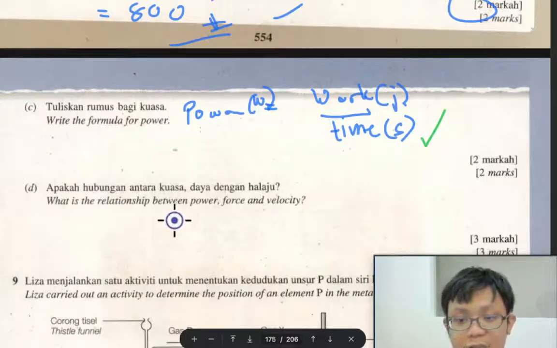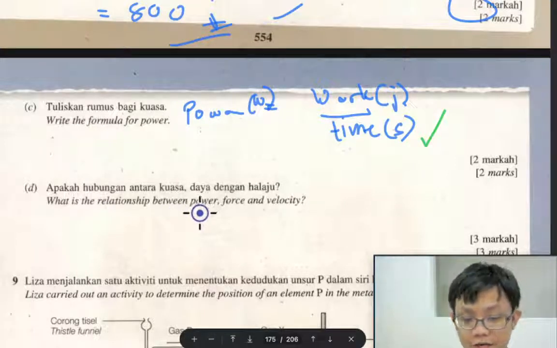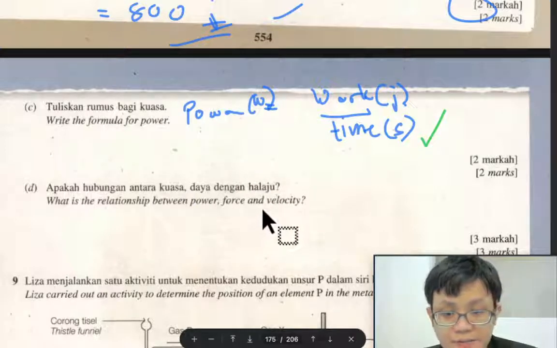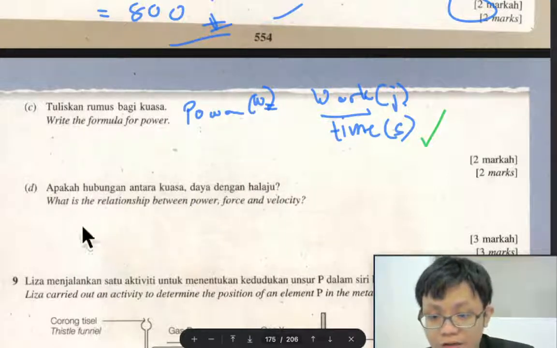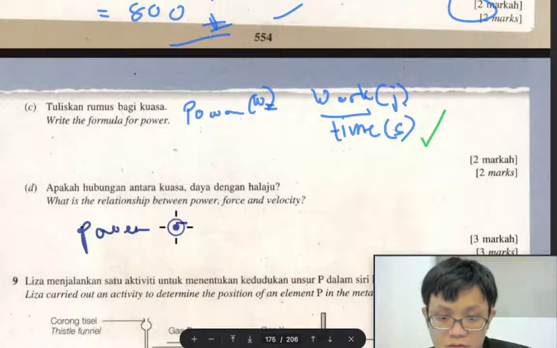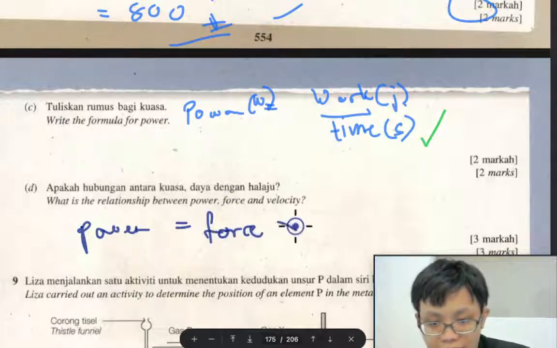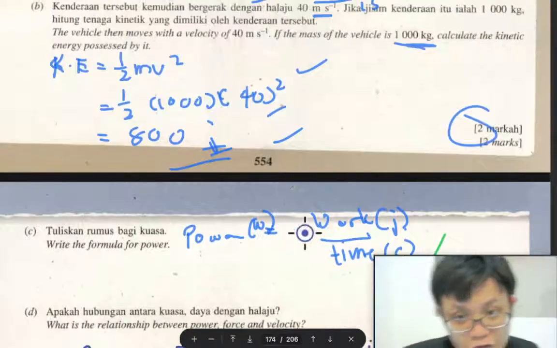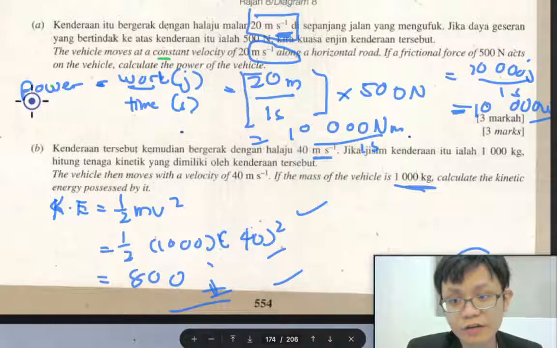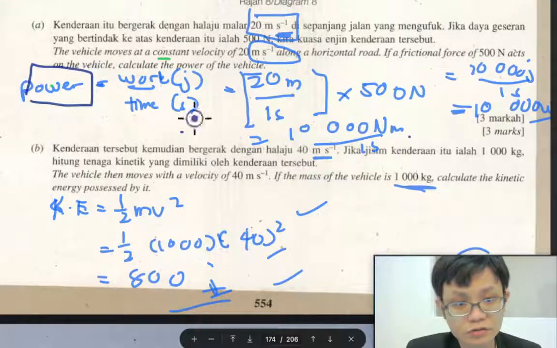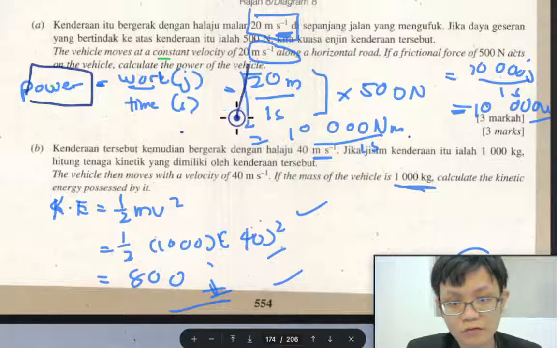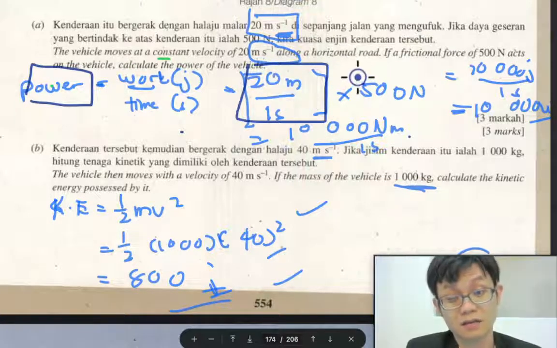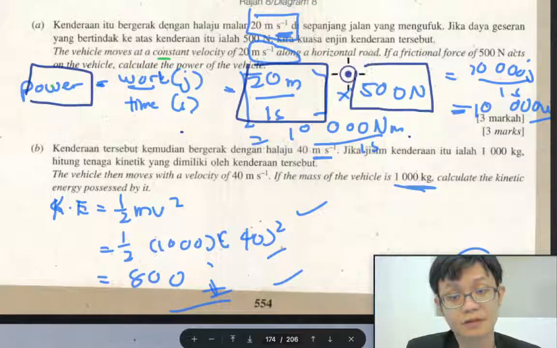What is the relationship between power, force, and velocity? Okay, power equals to what? Force times velocity. How you know? How I know? Because we already do it. We do here power equals to the force times velocity.